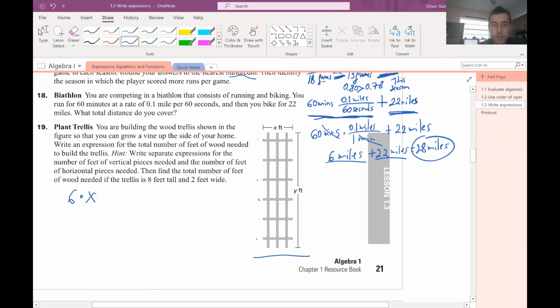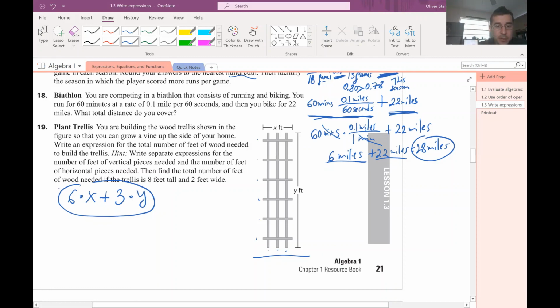So x feet is the length for the horizontal wood bar, and we have 6 of those, so 6 times x, and we get the feet of wood for the horizontal bars. And then for the vertical bars, how many are there? 1, 2, 3. So there are 3 vertical bars. So plus 3 times the length of the vertical bar, which is y feet. So 6x plus 3y is the expression.